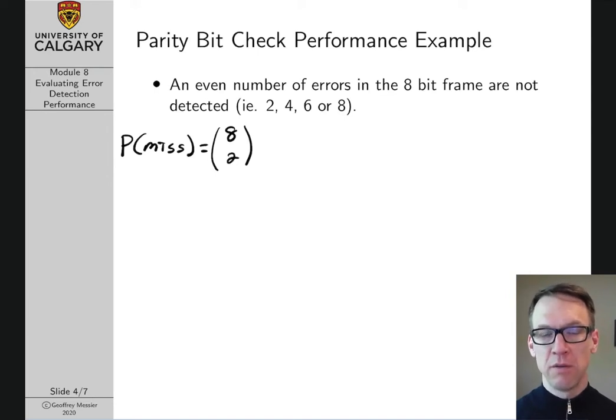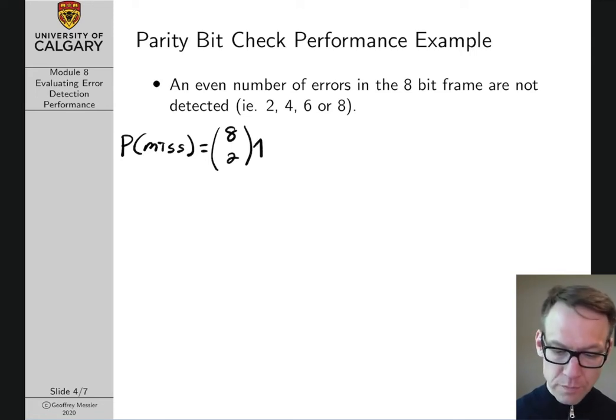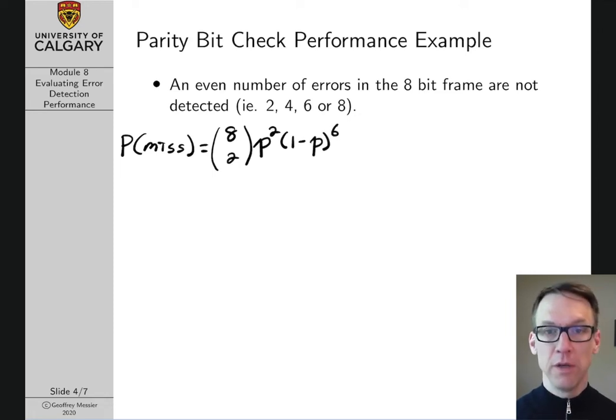bits being bad. And if you want to check this, you can go through it exhaustively to satisfy yourself. So it would be the first 2 bits, then the first and the third, the first and the fourth, and so on. The probability of all of these 2-bit errors is the same. It's the probability of 2 bits being bad and the remaining 6 bits being good.